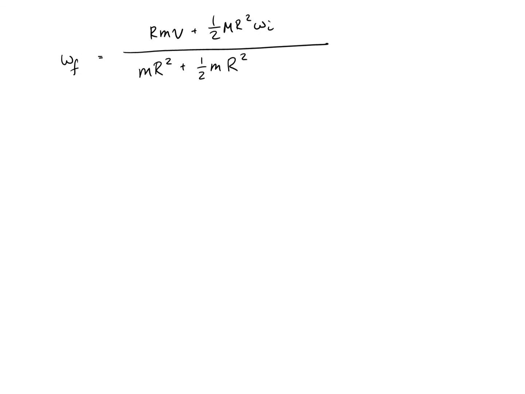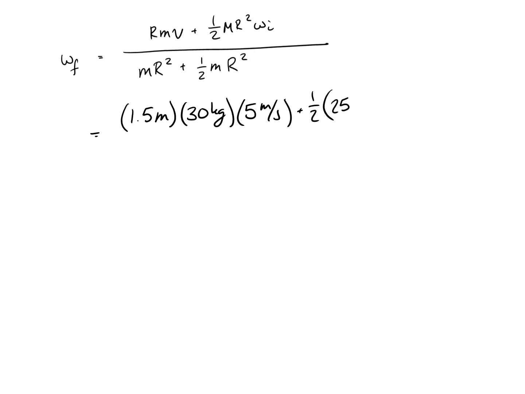All right, so we're going to plug in our numbers. The radius of our circle was again 1.5 meters. The mass of John was given as 30 kilograms. And he was moving at 5 meters per second. Plus 1/2, the mass of the merry-go-round was 250 kilograms, 1.5 meters squared.